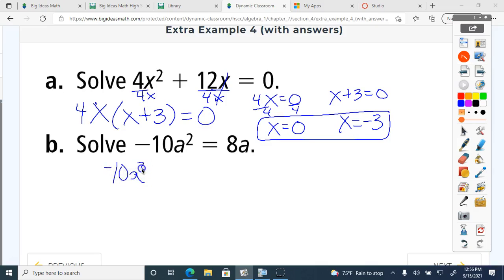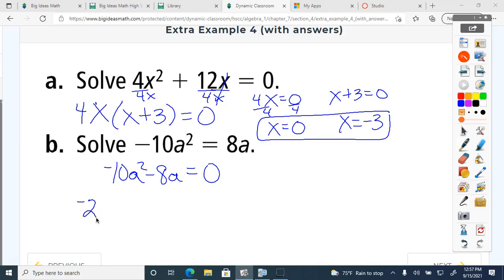It is not. So what do we need to do with that 8a? Subtract it over. Set it equal to 0. Negative 10 and negative 8. What number will go into 10 and 8 evenly? 2. Since they're both negative, I'm actually going to take out negative 2.